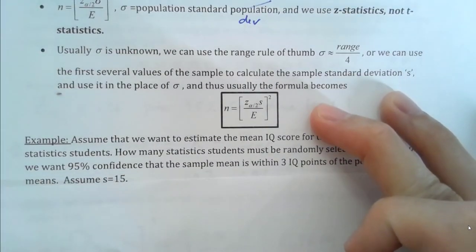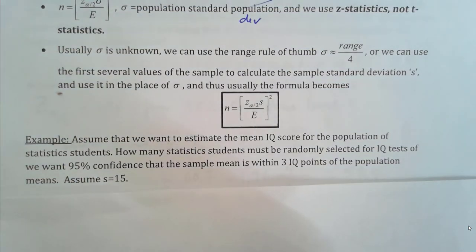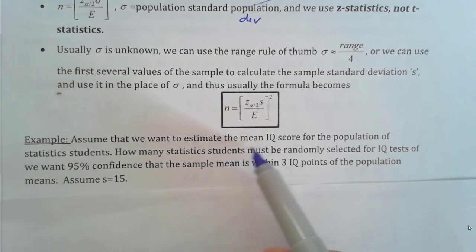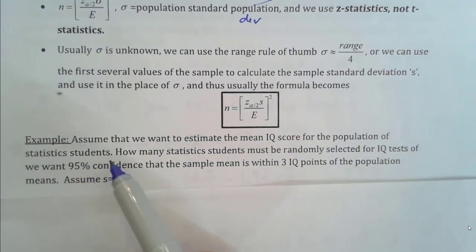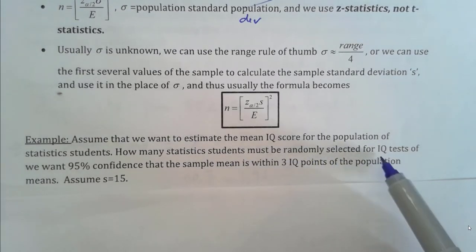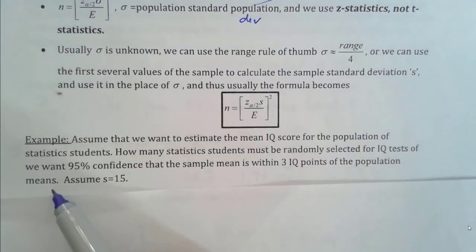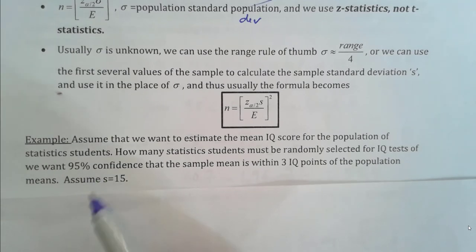Alright, so let's go over an example for this objective. Assume that we want to estimate the mean IQ score for the population of statistics students. How many statistics students must be randomly selected for the IQ test if we want to be 95% confident that the sample mean is within 3 IQ points of the population mean, and we assume that the sample standard deviation s is 15?